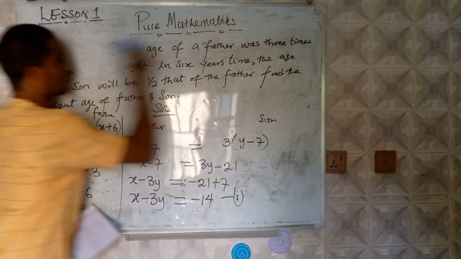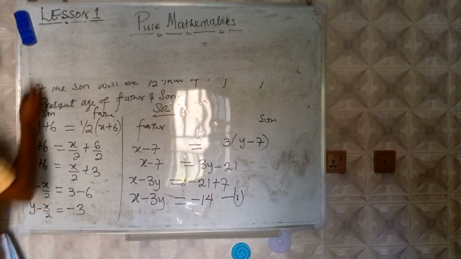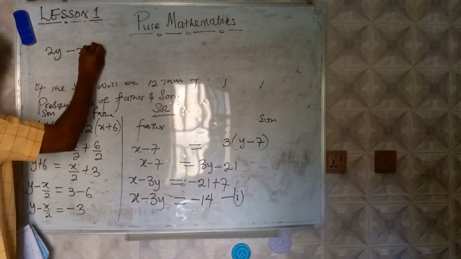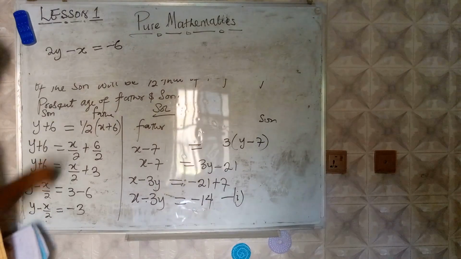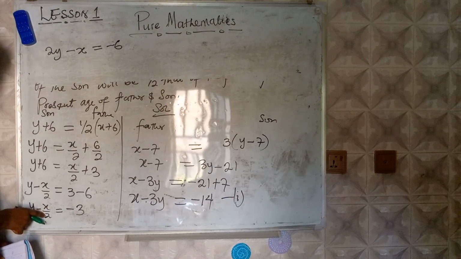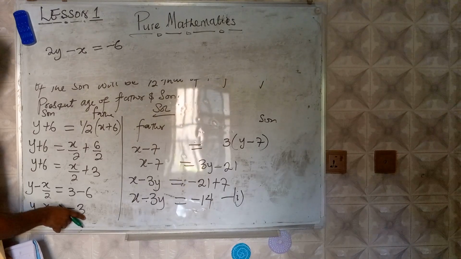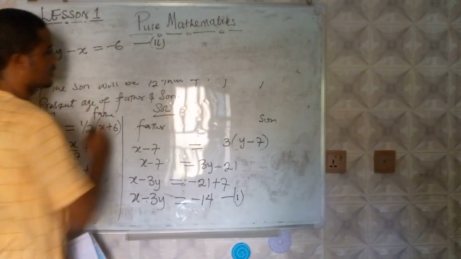So I'm going to have 2y minus x equals minus 6. Minus x over 2 times 2 will give me minus x, then minus 2 times 3 will give me minus 6. This becomes my equation 2.